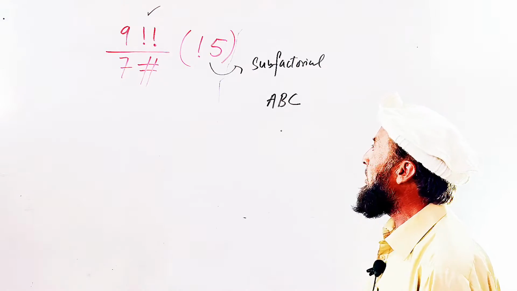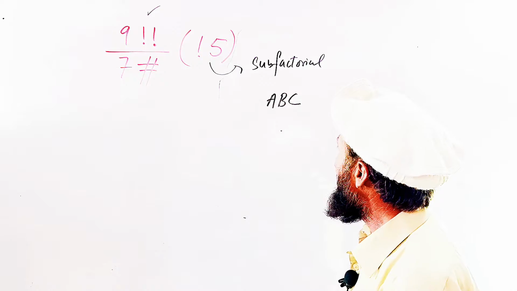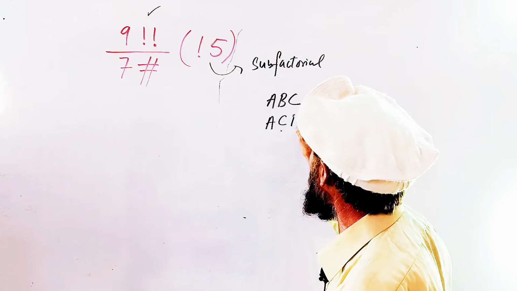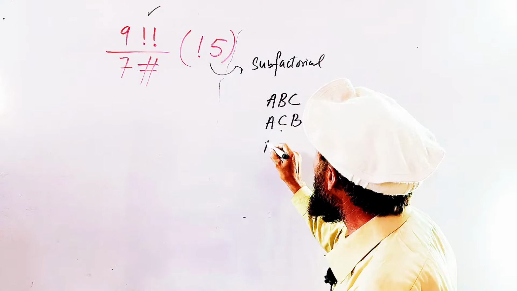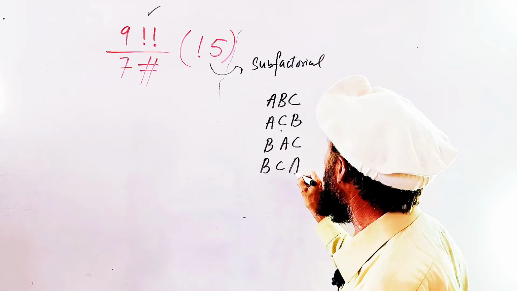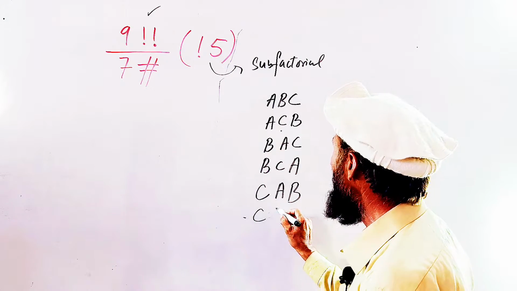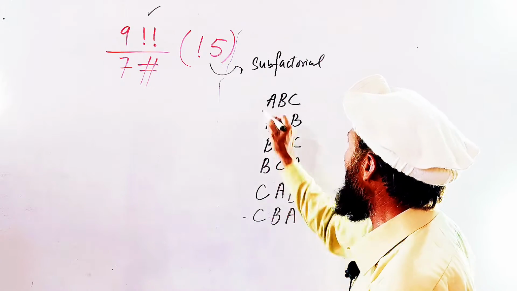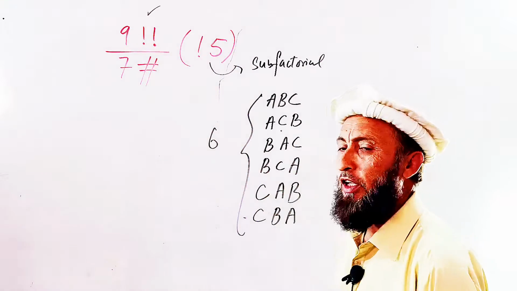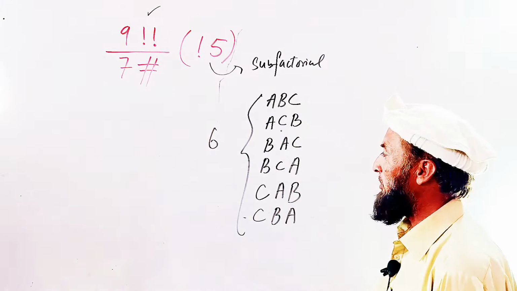All possible ways of the letters A, B, C are A, B, C; A, C, B; B, A, C; B, C, A; C, A, B; and C, B, A. There are 6 possibilities if we arrange the letters A, B, C.